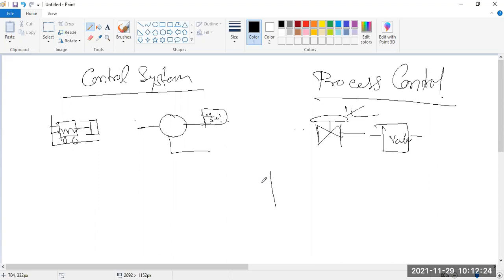Okay, and there is some division, meaning control action strategy is also divided here, just like cascade control, feed forward control, this.